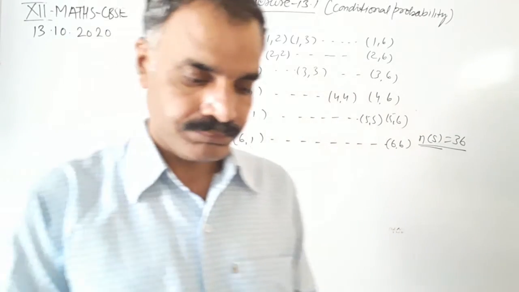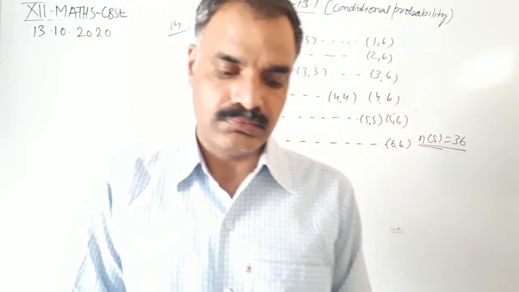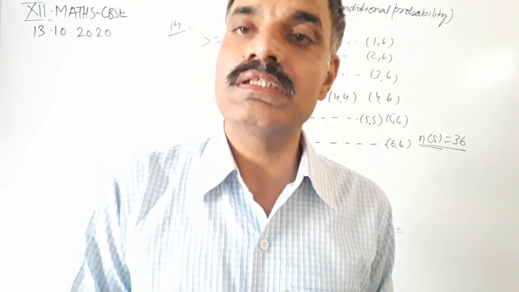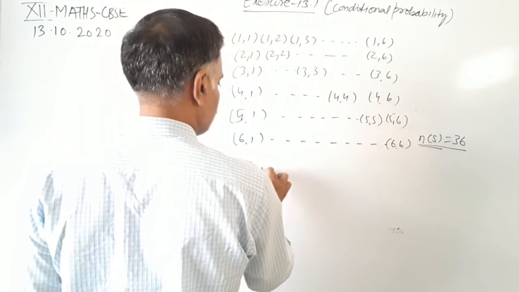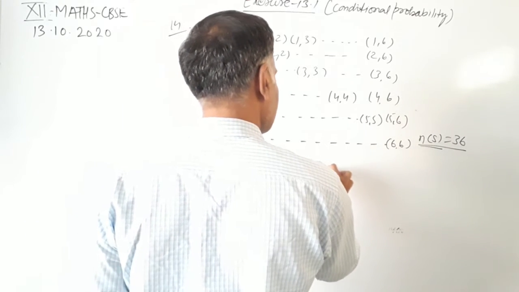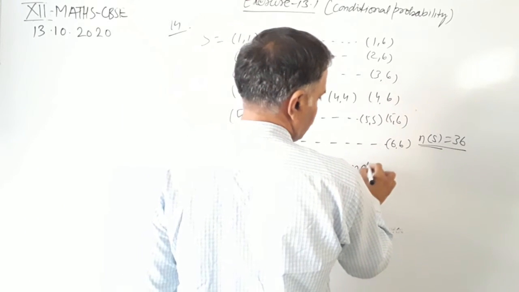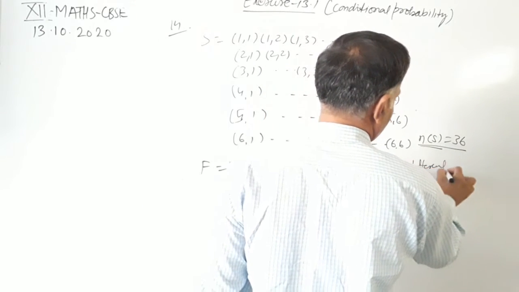given that the two numbers appearing on the dice are different.